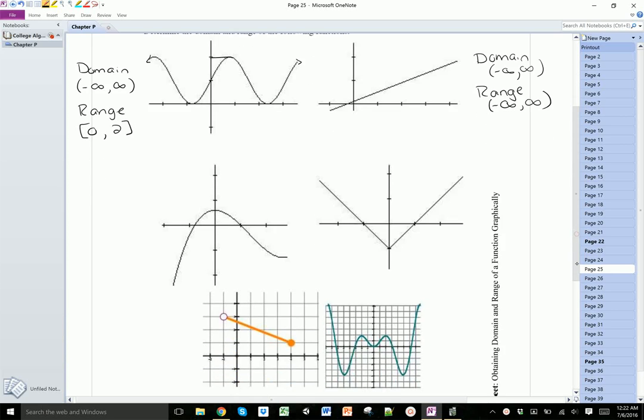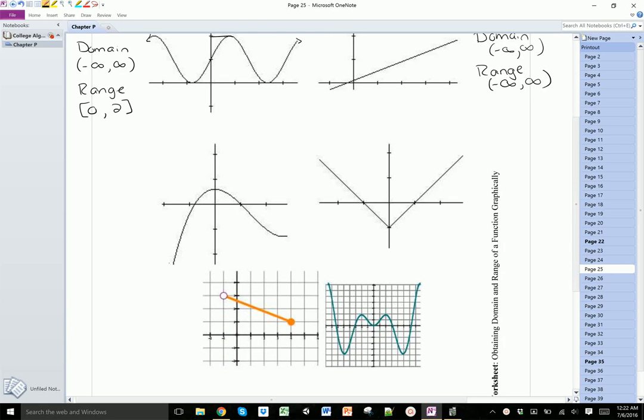So if I want to find the domain and range of this function, once again, we'll assume that it goes on forever and ever and ever. If there's no dotted line symbolizing any kind of asymptote, you're just going to assume that it keeps going forever and ever and ever. It might be slow, but it is going to do it.